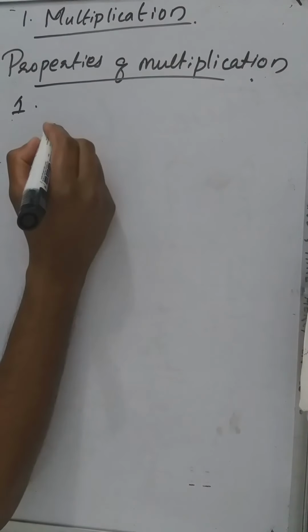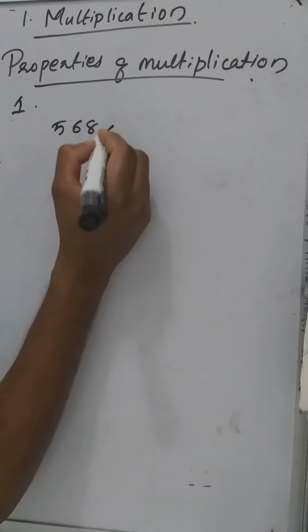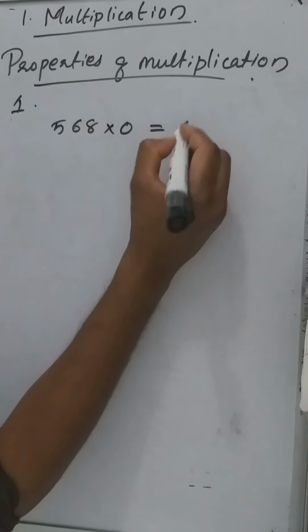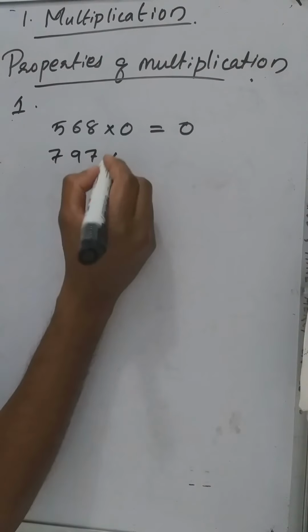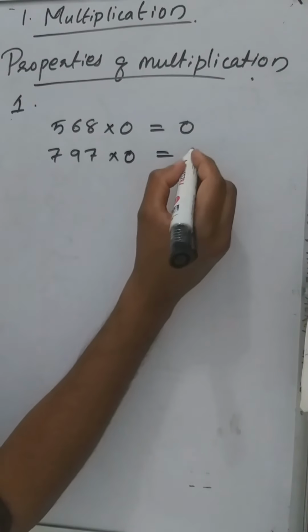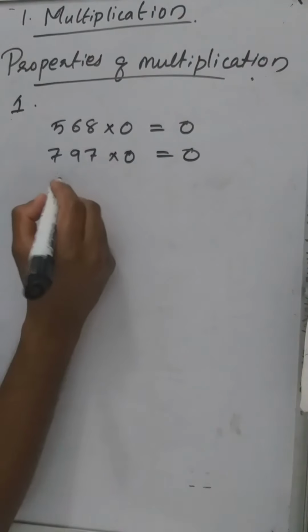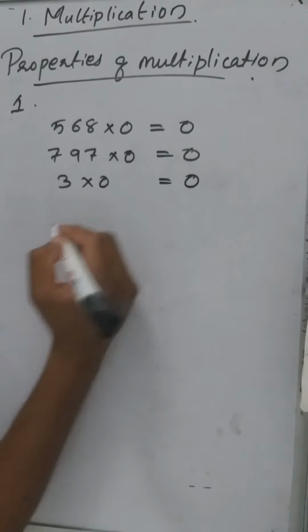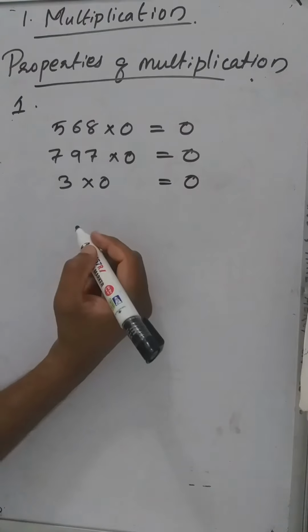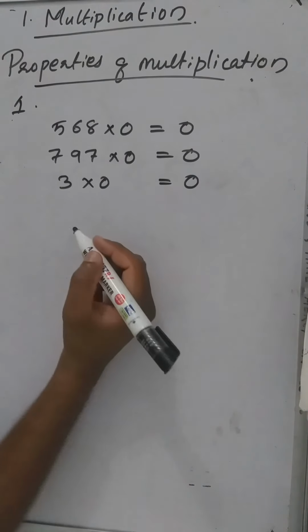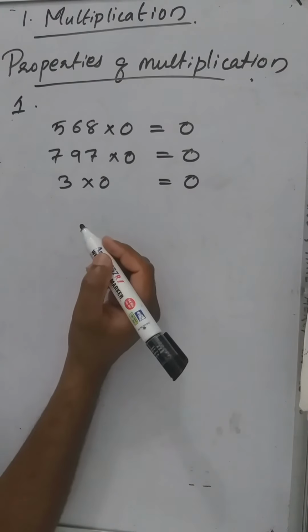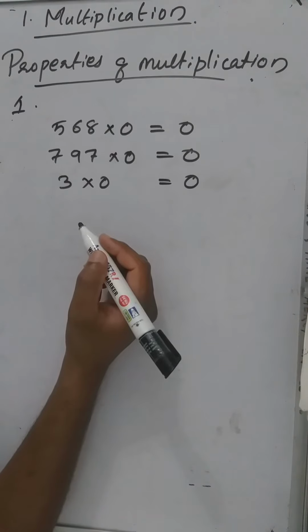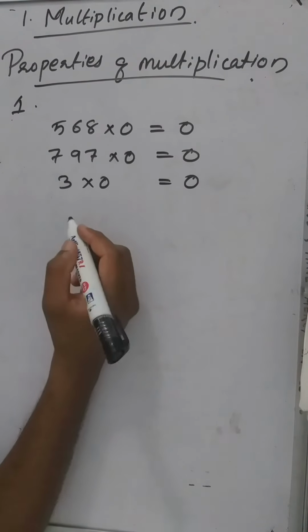If you multiply 568 by 0, the answer is 0. If you multiply 697 by 0, you get 0. If you multiply 3 with 0, you get 0 as the answer. So the first property is if you multiply any number and 0, the answer is also 0.